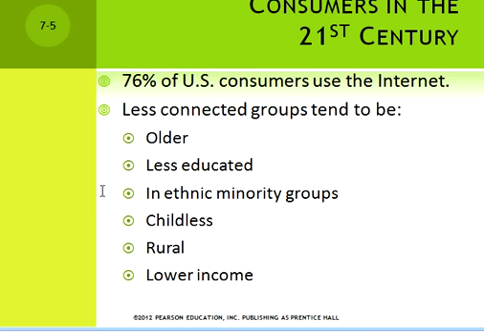And these are probably very old people, not very educated, in minority groups, and probably underprivileged, childless, maybe rural areas, and lower income. So we are more interested in that 76%, those who use the internet.